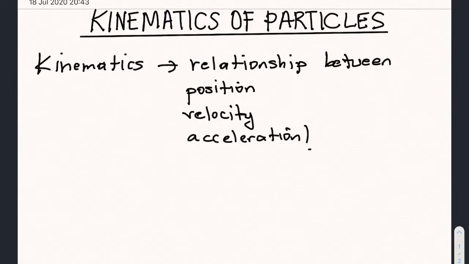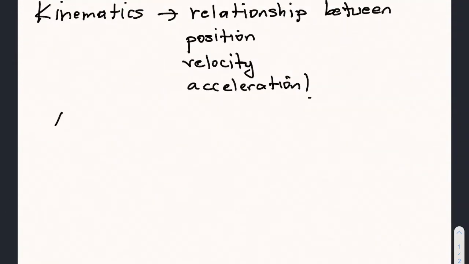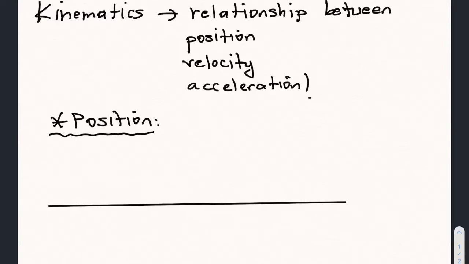But let's develop a base so that we speak the same language in terms of these terms. Let's start with position. So when I say position, what I understand is actually if I have a particle moving on a straight line, let's say, if the particle starts its motion at this point, then this point indicates its position.